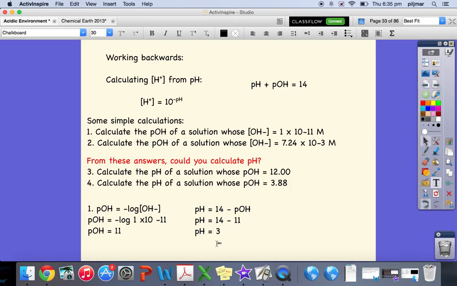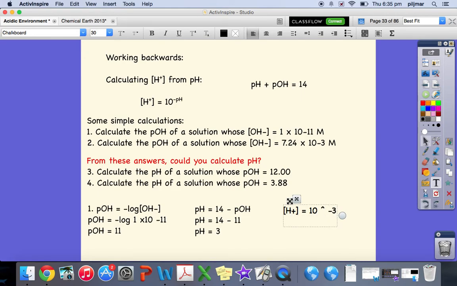So this is an acidic solution in this particular instance. And then I could work back from there, and I could even say, okay, we've got the hydroxide concentration, but what's the hydrogen ion concentration? Well, it'd be 10 to the power of negative 3.